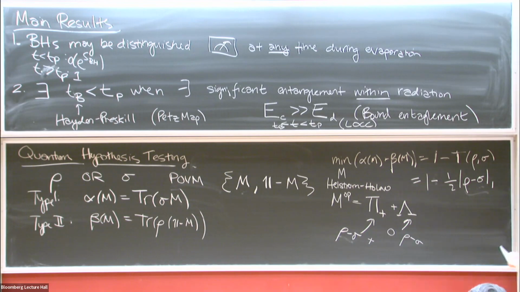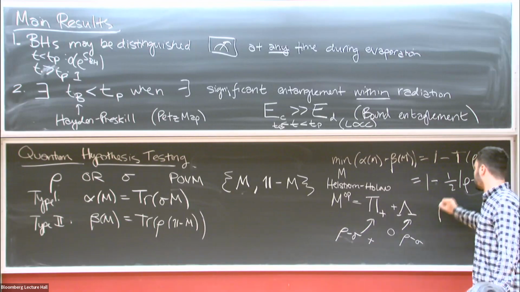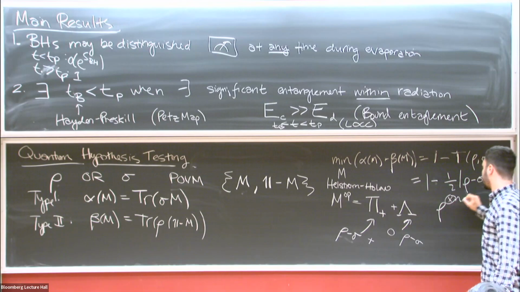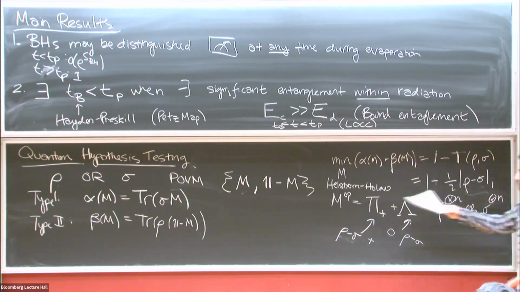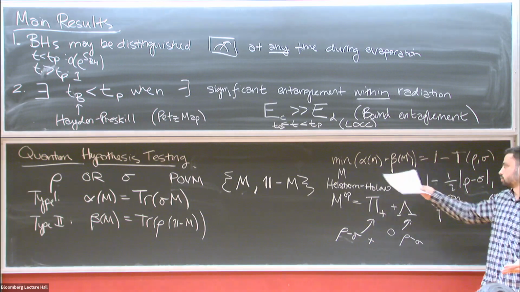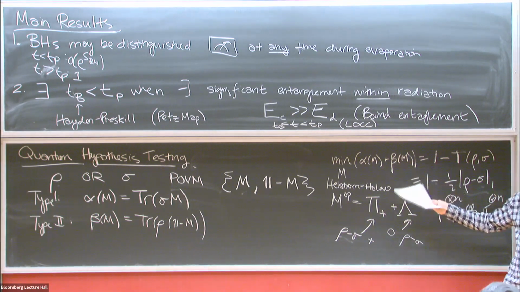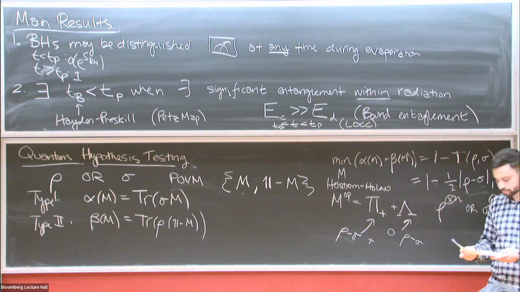So now you can do much better if you're given multiple copies. For example, if I gave you rho tensor to the n or sigma tensor to the n, you can now make a measurement on this joint state, and you could do much better. And different distinguishability measures, probably all the ones you've heard of, have some direct interpretation in terms of hypothesis testing on how you're minimizing these two errors.